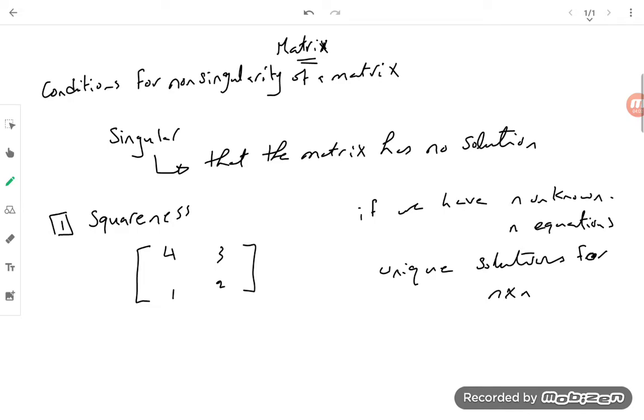Number two, linear independence, which means that rows should be linearly independent.